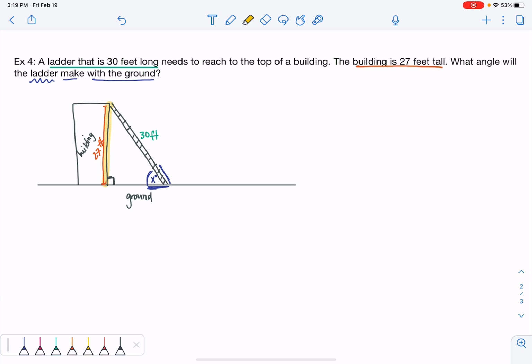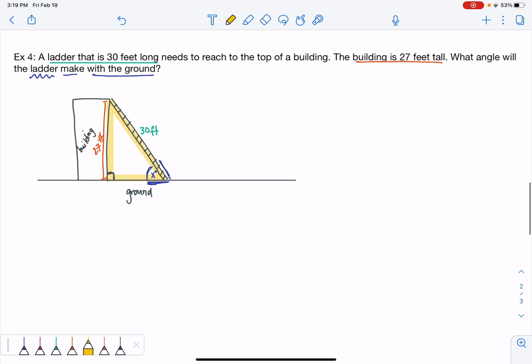Let's identify our right triangle. Redraw it. We know this is 27 and this is 30 and this is x. We will label our sides all the way across, opposite, across from the 90-degree angle, hypotenuse, O and H. That means we should use sine, SOH.